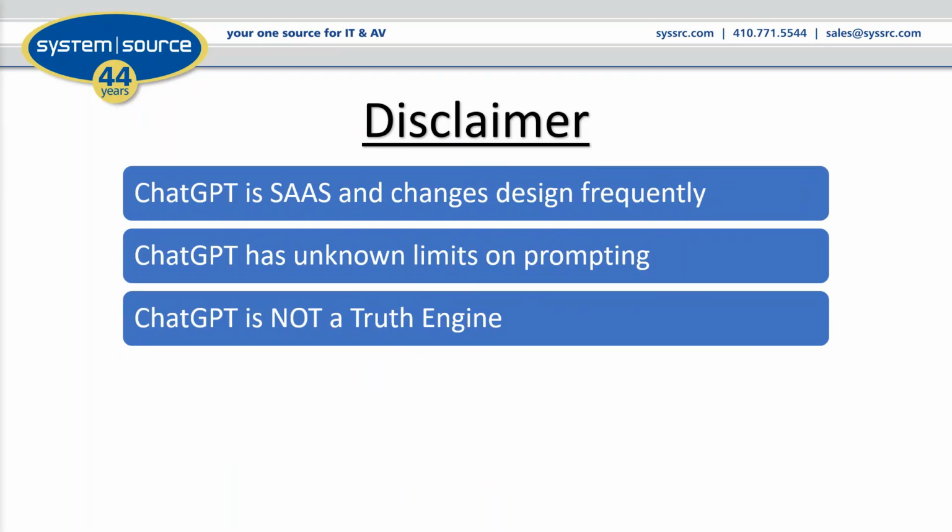And so ChatGPT in and of itself is not a truth engine. That's an important thing for any user to know. It can lie to you, it can make false claims, it can get bad information, and sometimes it just doesn't understand what you want. In the agentic mode, where we have a specific agent running on a terminal through ChatGPT, it is much more likely to tell us the truth.